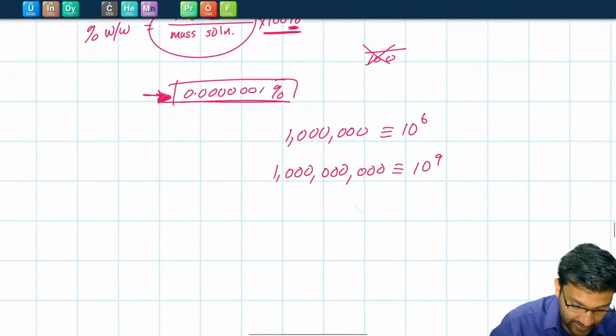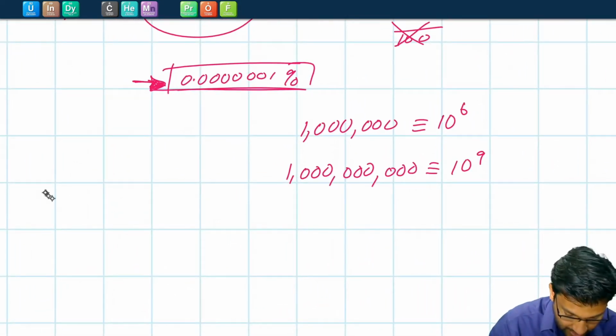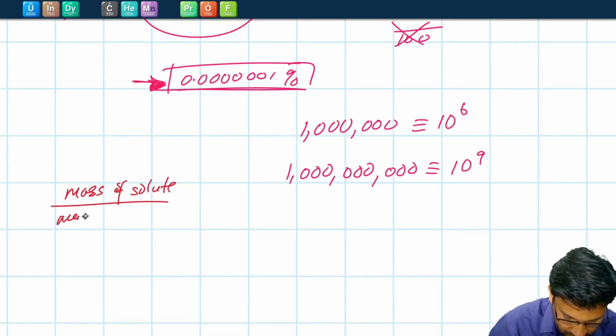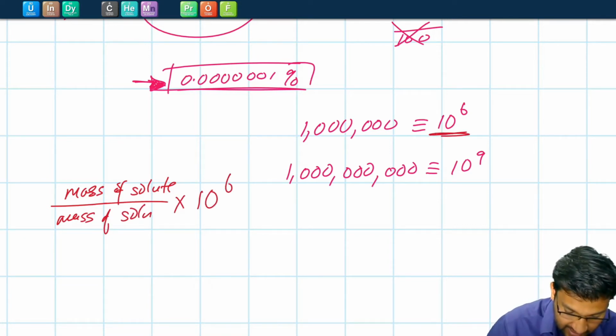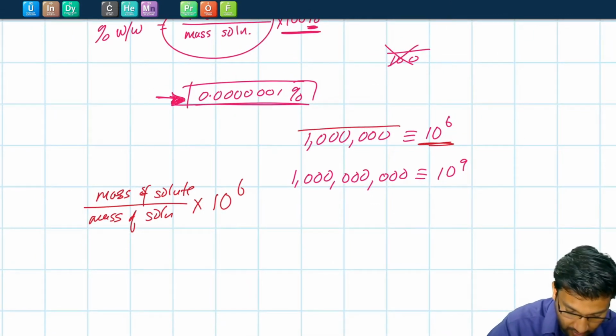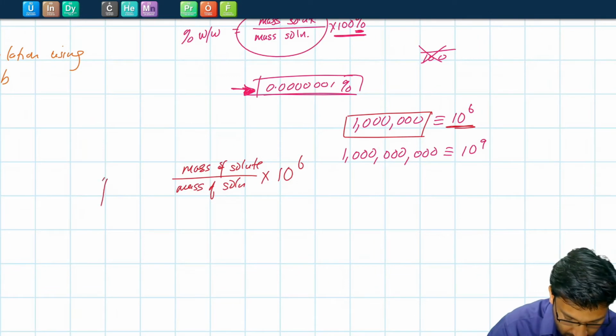And so if we would write this out, we would have mass of solute over mass of solution times, let's do the million one, 10 to the 6. And since this would be over 1 million parts, we'll call it parts per million.